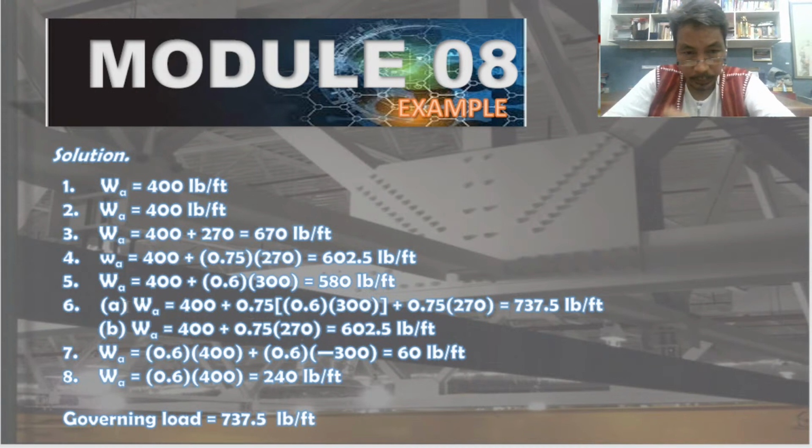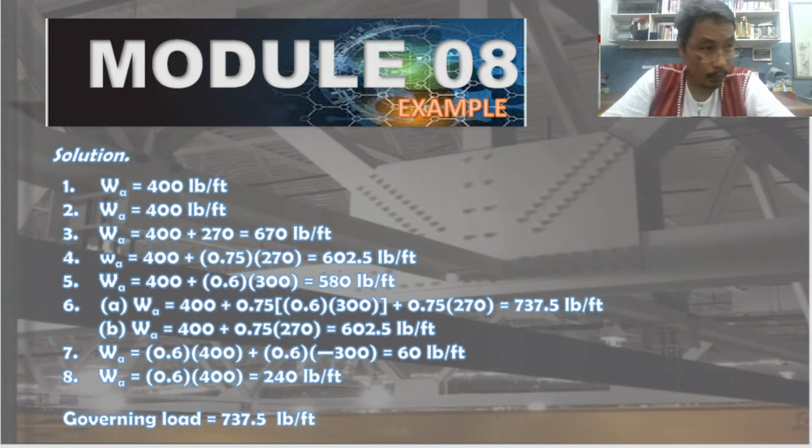And then equation number 6. So let us look for the number 6 formula. Letter A, dead load plus 0.75 live load. So there is no live load. So therefore, plus 0.75 wind load, we have that, and also 0.75 roof live load. So there are three terms.